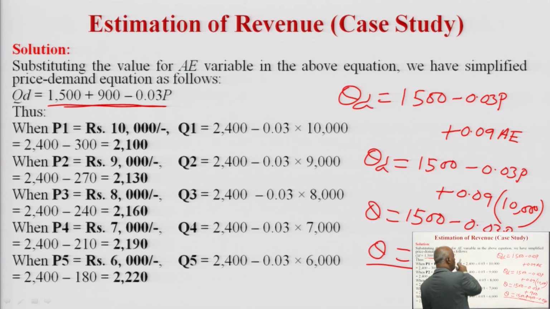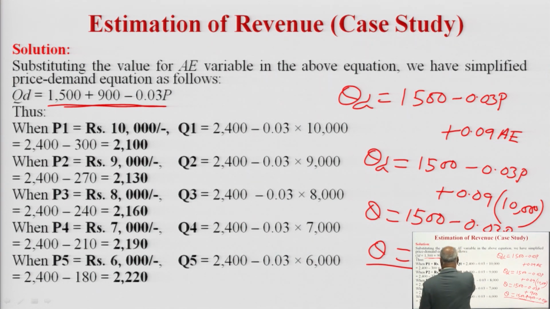Now, the P value has been given to all of you. What is the P value given? When the price is equal to 10,000, replace here. That means if the price is 10,000, then 1500 plus 900 is nothing but 2400. So, 2400 minus 0.03 multiplied by 10,000, the price.